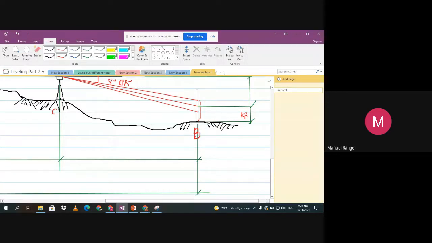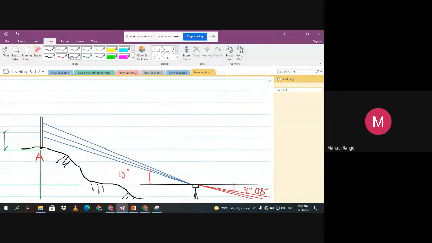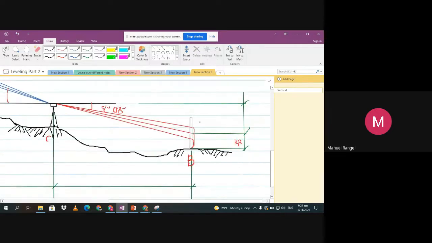Then at point A, the upper reading is 1.33, the rod reading or middle is 1.175, the lower is 1.02 meters. And the upper is 1.33. Then 1.854.